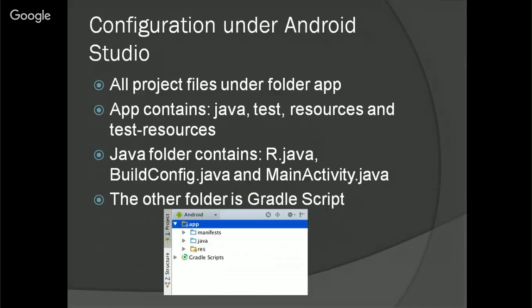The working mechanism and working process of these two files will be described to you in the coming sessions or in the coming webinars. The other folder outside of the app folder will be the Gradle script, which contains the Gradle build files, and this also will be introduced to you in the next session.